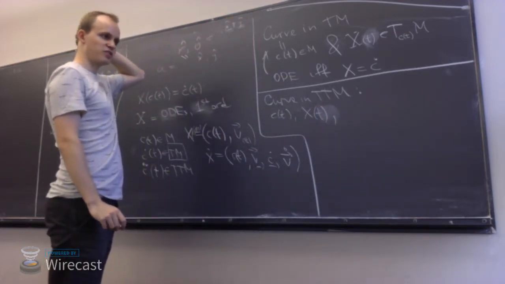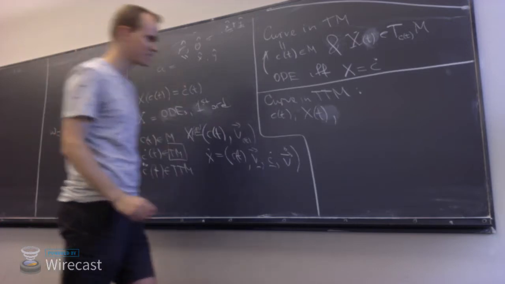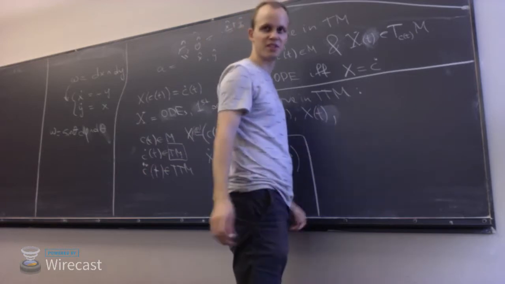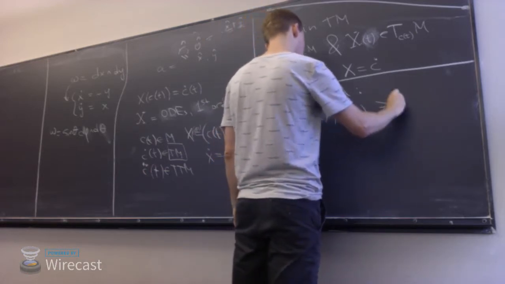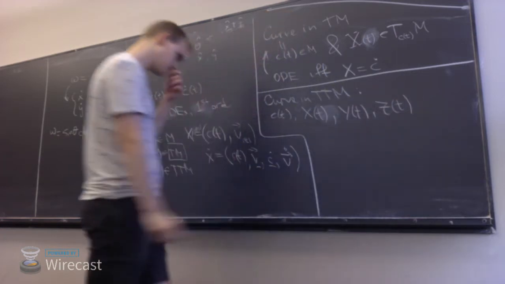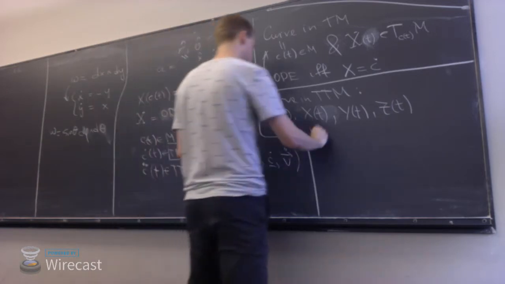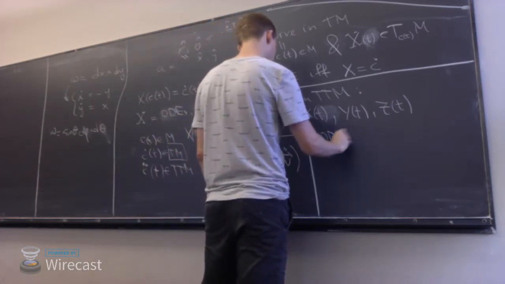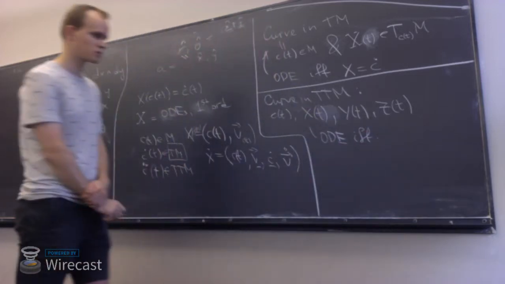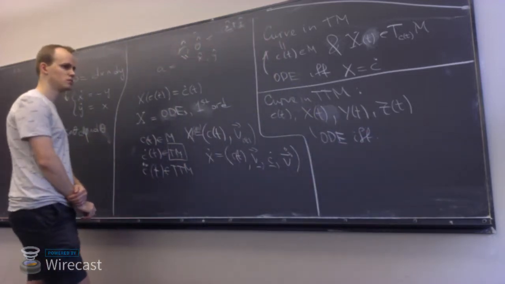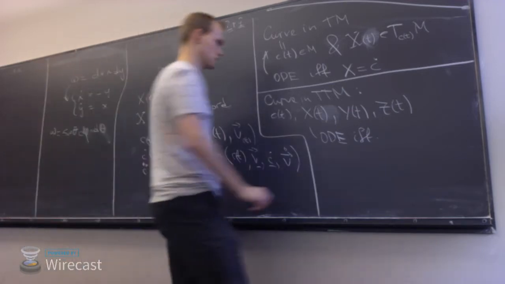So the third part will be an element of, well, it's something arbitrary, right? y of t. Okay. And it's an ODE, second order ODE, if what? x equals c dot, y equals x, y equals x dot.